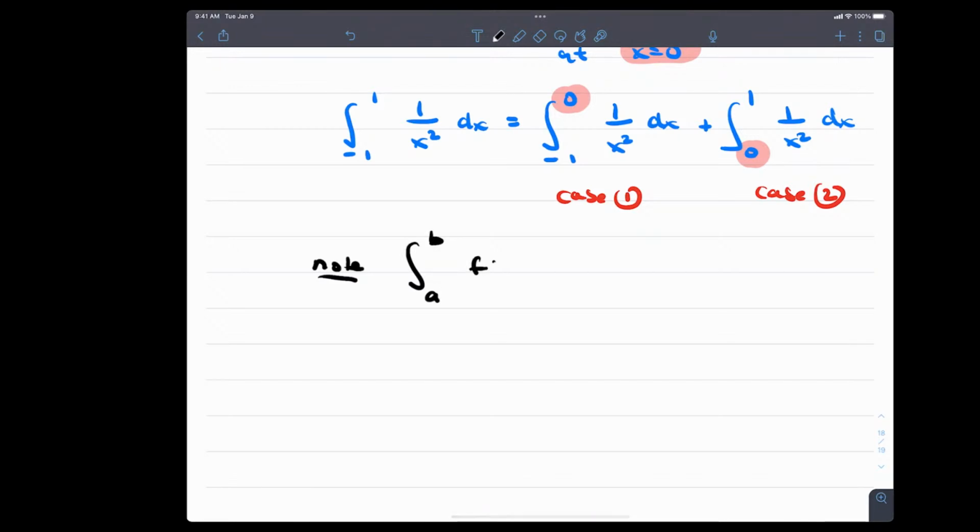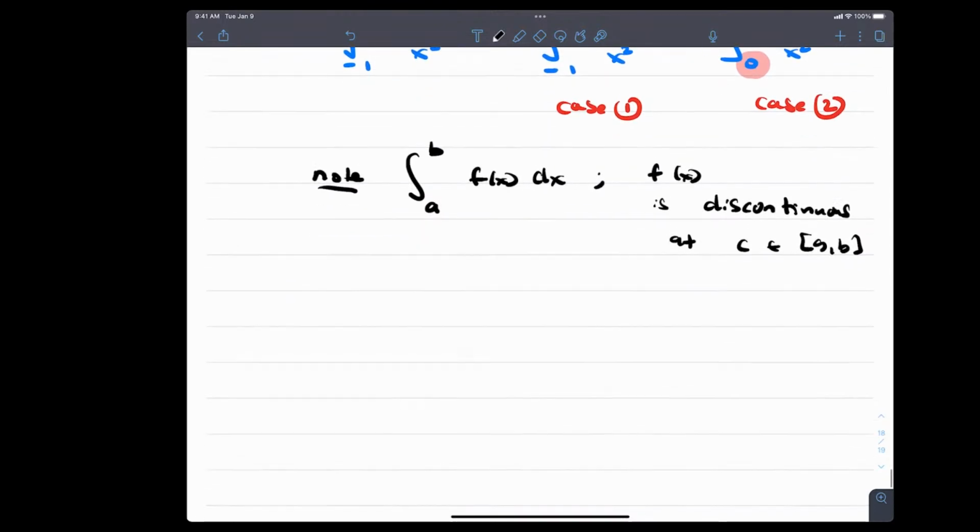Integral from a to b, f(x) dx, where f is discontinuous at a c in an interval [a, b], and it has only one discontinuity.